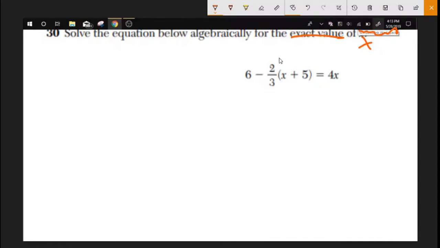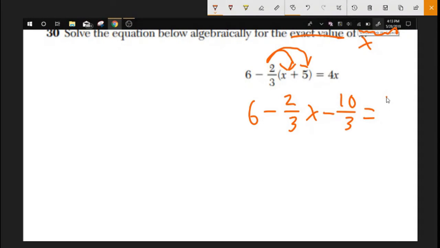Let's begin this by multiplying using the distributive property. And then we distribute negative 2/3 onto x and negative 2/3 onto 5. And so what we'd have is 6 minus 2 over 3 x plus minus 10 over 3 is equal to 4x.